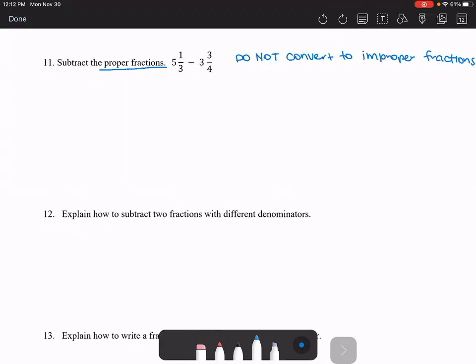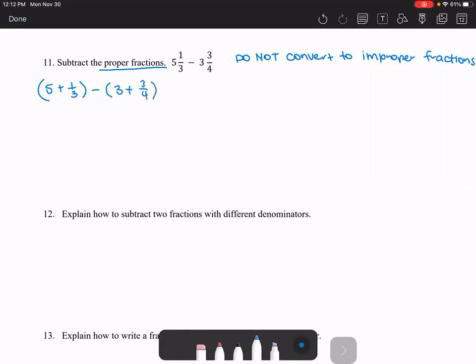So remember that whenever we have mixed numbers, this is really 5 plus 1/3 minus 3 plus 3/4. So we can look at it as kind of subtracting the fraction part and subtracting a whole number part.